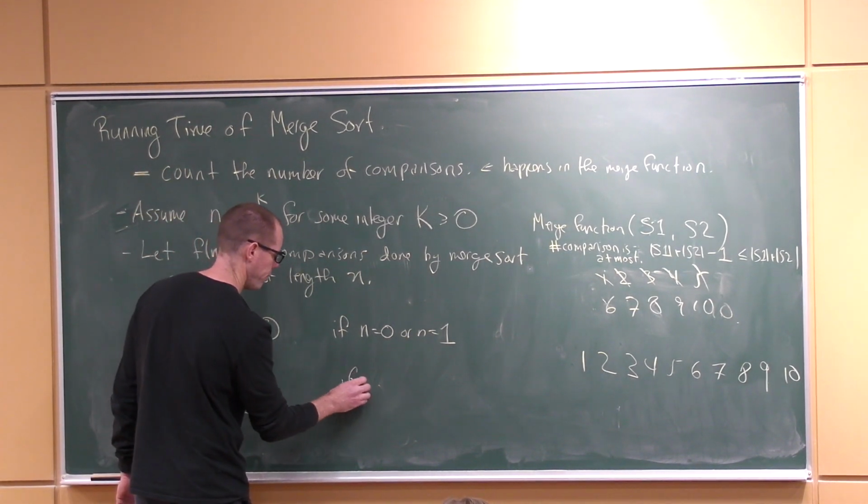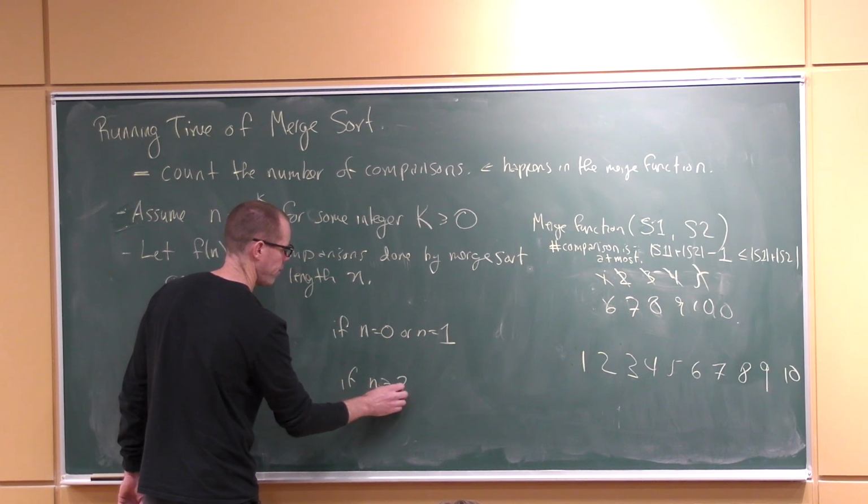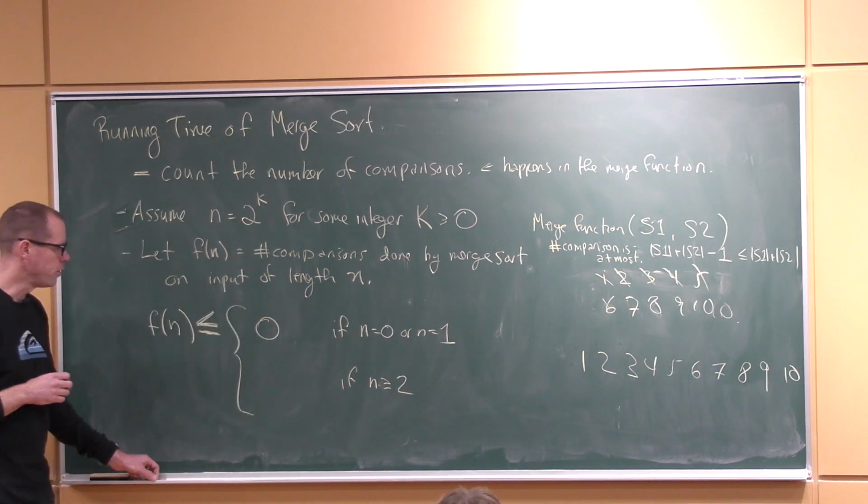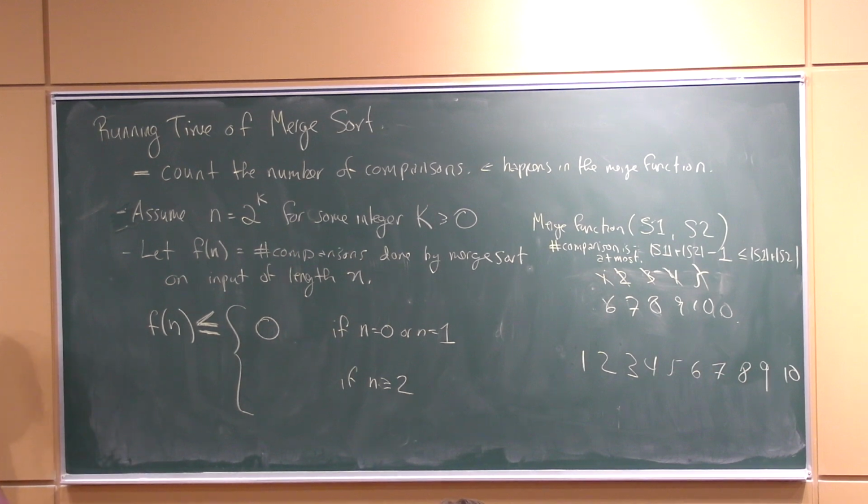Otherwise, n is bigger than or equal to 2. How can we write this as a recurrence?